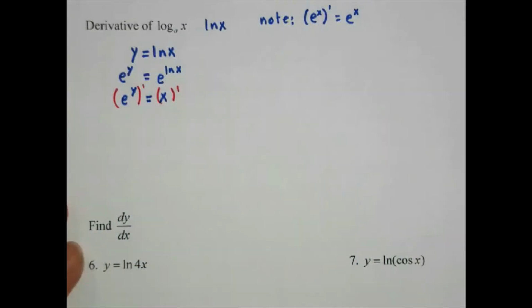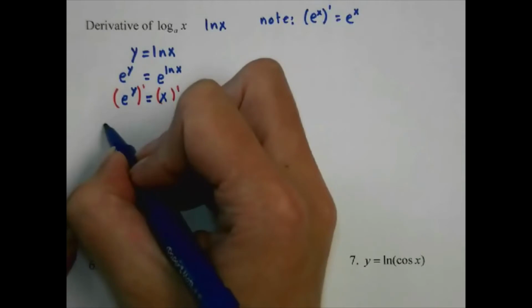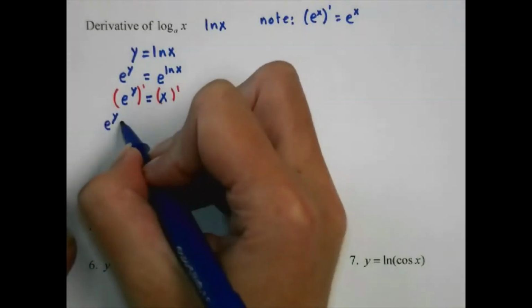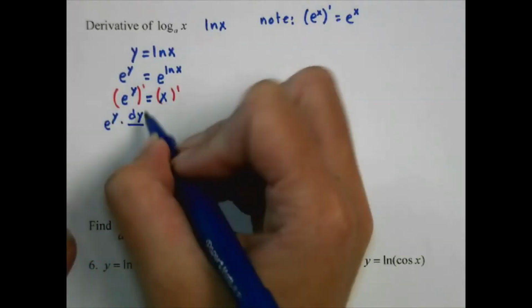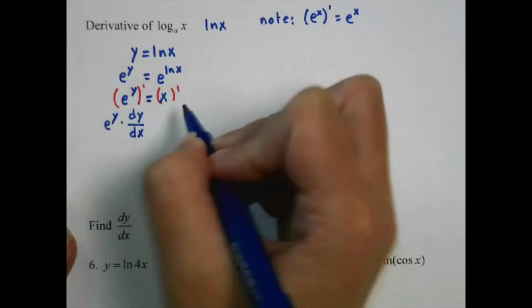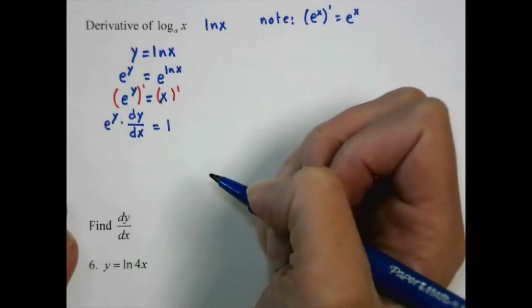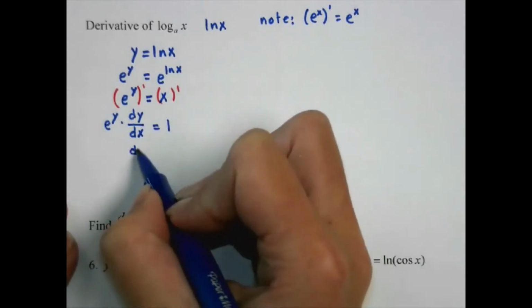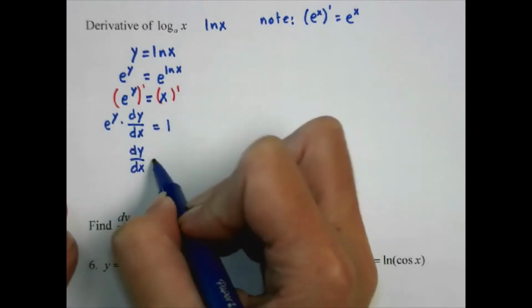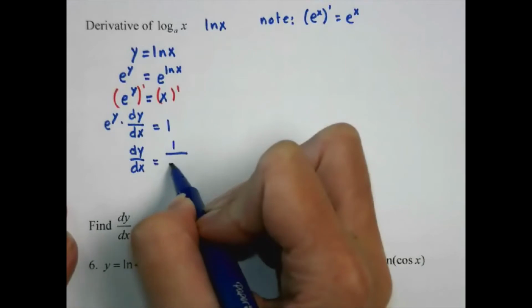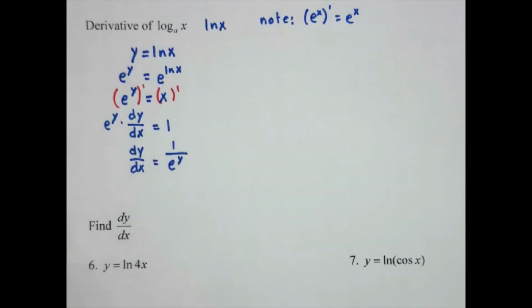So the derivative of e to the y is e to the y times, this is going to be an implicit derivative, dy/dx, equals the derivative of x, which is 1. So solving for dy/dx, we get 1 over e to the y.